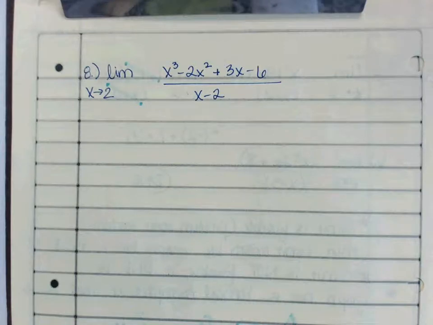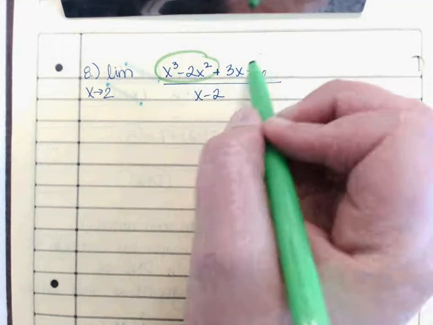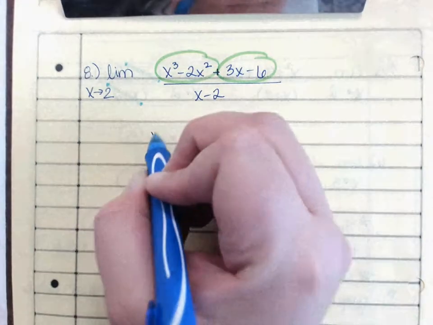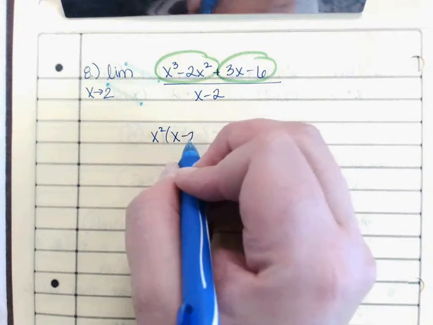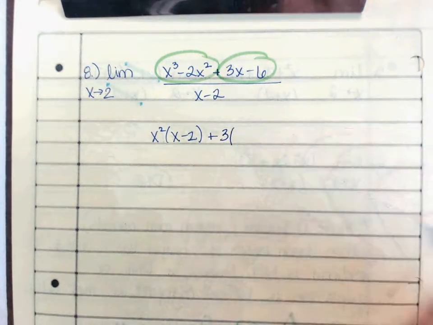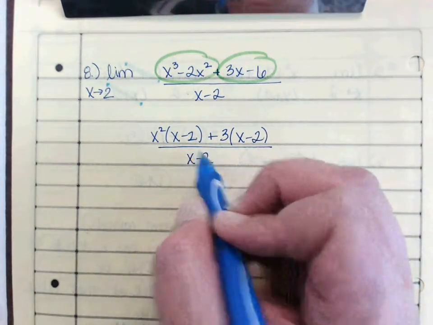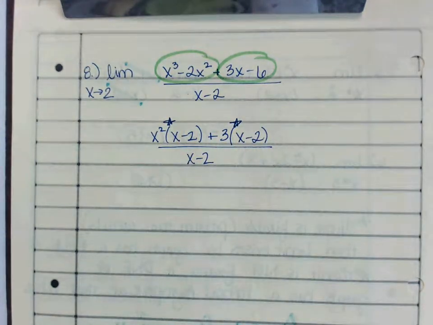Okay, so grouping, you put them together in partners. So my first 2 are partners, my second 2 are partners, and then I'm going to see what they have in common. So out of the first 2, what do they share? An x squared. What's left over? X minus 2. Second 2, what do they have in common? 3. What's left over? X minus 2. Okay, if the leftovers match each other, then I have a greatest common factor.